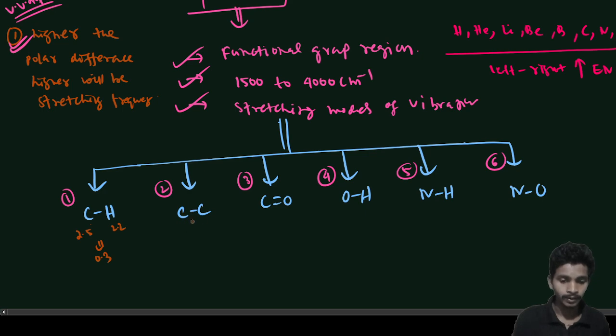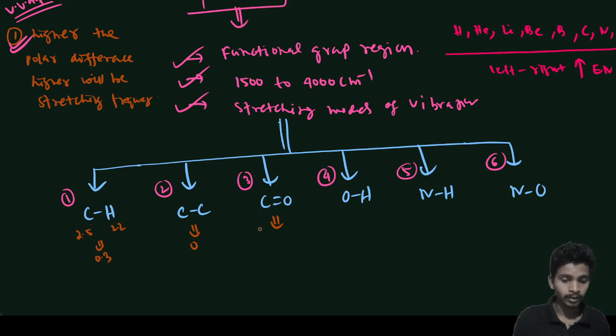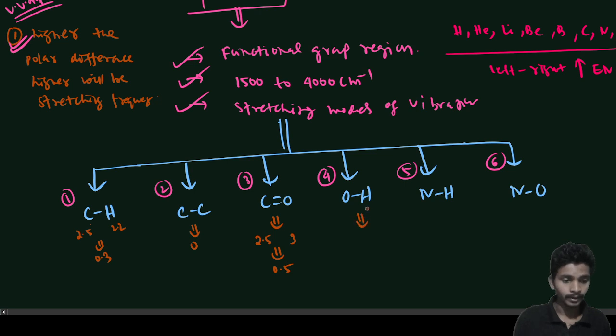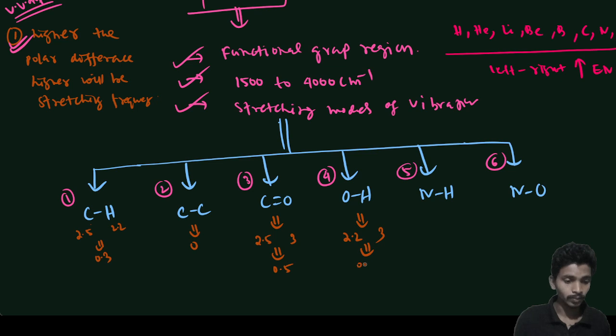And for CC, the polar difference is 0. And for carbon and oxygen, carbon electronegativity is 2.5 and oxygen is nearly about 3, something like that. Okay, I do not remember the exact point. The polar difference is, let's say, 0.5. For OH, hydrogen is 2.2 and oxygen is, let's say, 3, then the polar difference is nearly 0.8.